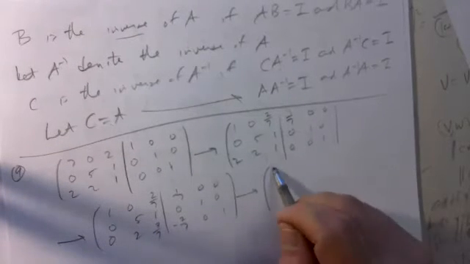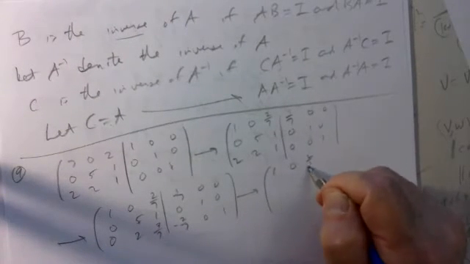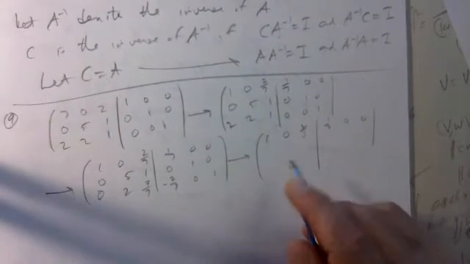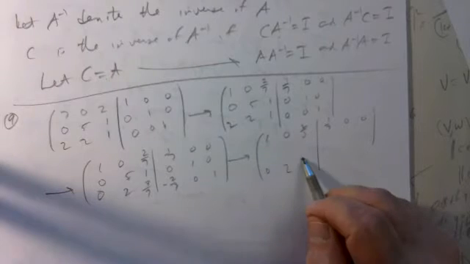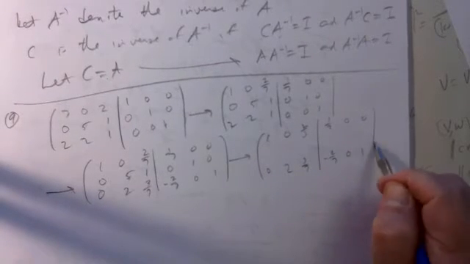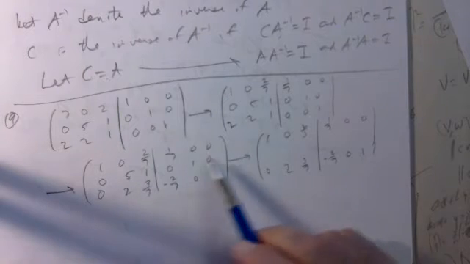Then I want to get a 1 here. So I don't do anything to the first row or to the third row at this point. Sorry. So 0, 2, 3/7, minus 2/7, 0, 1. And I multiply this row by a fifth.